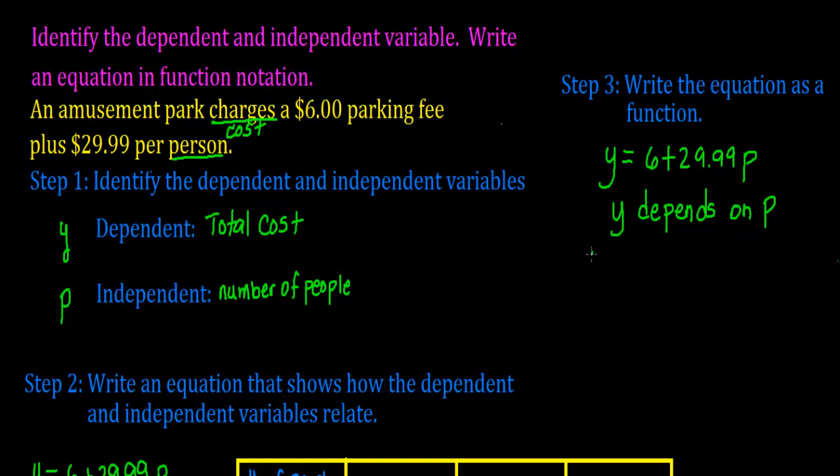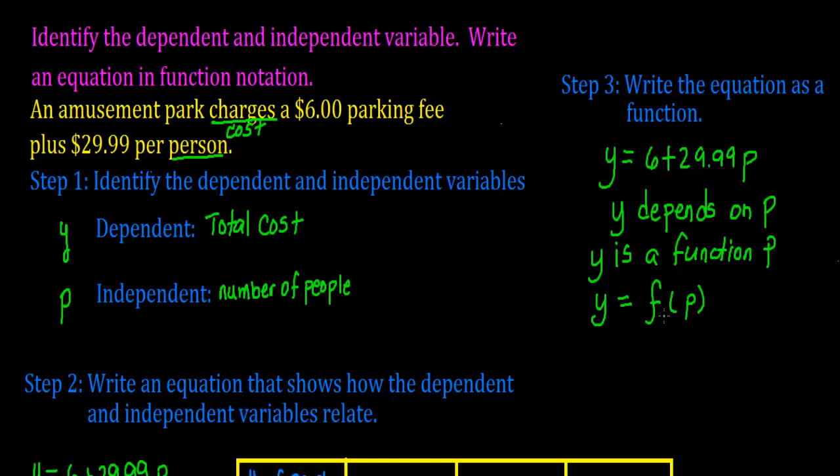This is the same thing as saying that y is a function of p. And what that means is that y depends on p, but in math terms, y is a function of p, okay? And when I say y is a function of p, I'm saying that y is the equal sign f of p. And this is the notation for function.